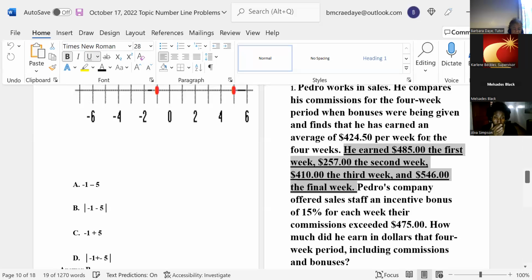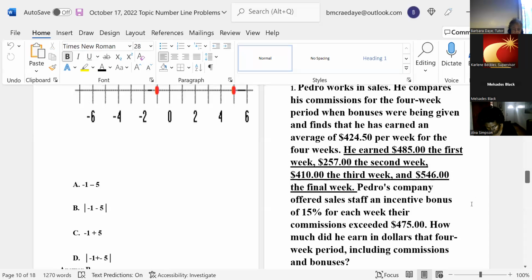He earned 485 the first week, write that down, 275 the second week, 410 the third week, and 546 the final week. Now, which weeks did he make more than 475?